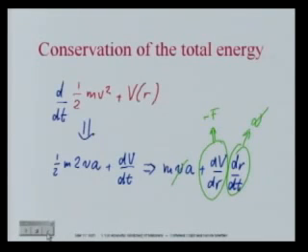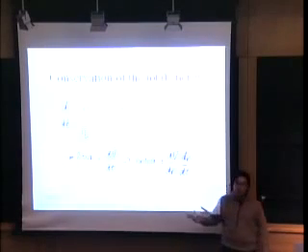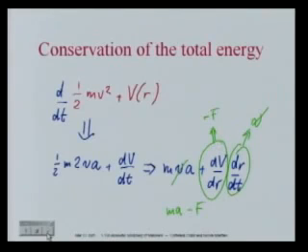And so what we have is that the derivative of the total energy with respect to time is equal to the mass times the acceleration minus the force. That is 0, because the particle follows Newton's equation of motion. So because of Newton's equation of motion, and because the particle follows exactly that evolution, the sum of the kinetic energy plus the potential energy needs to be conserved during the evolution.